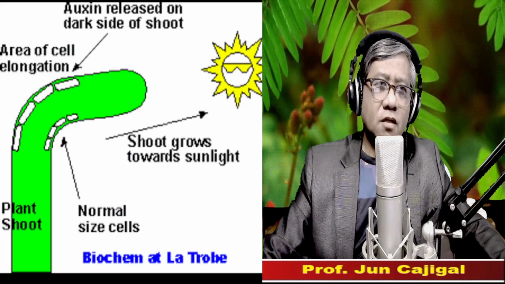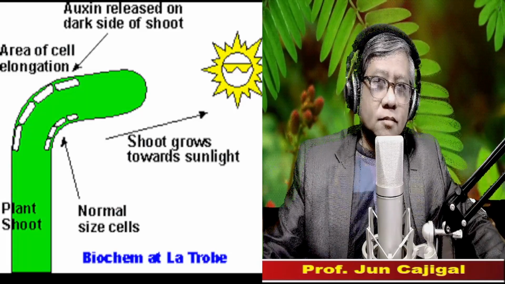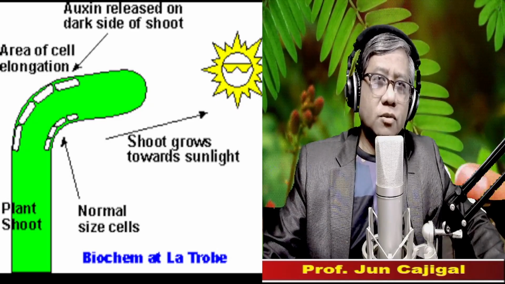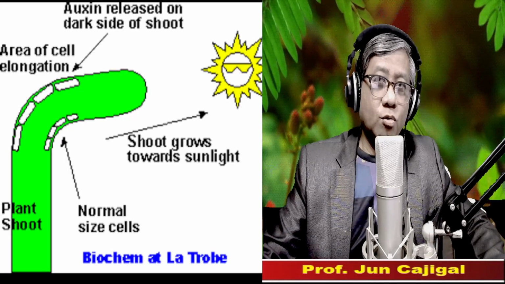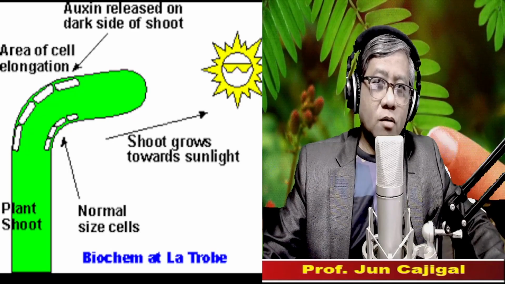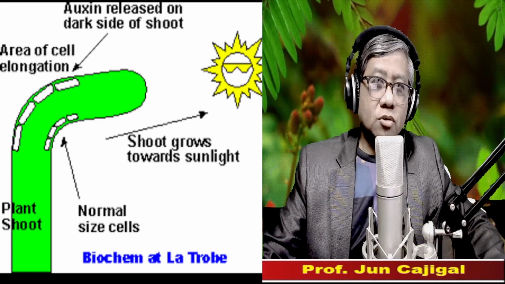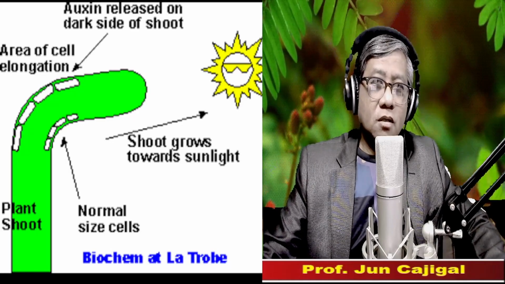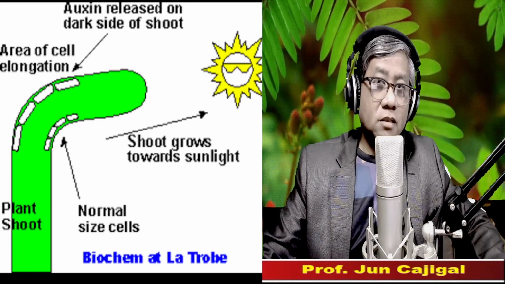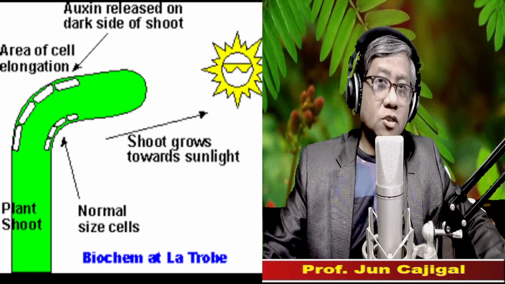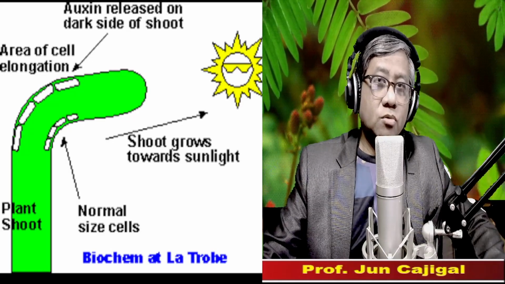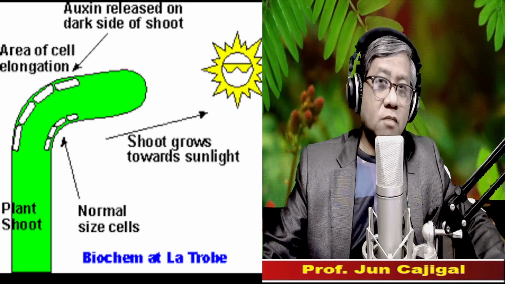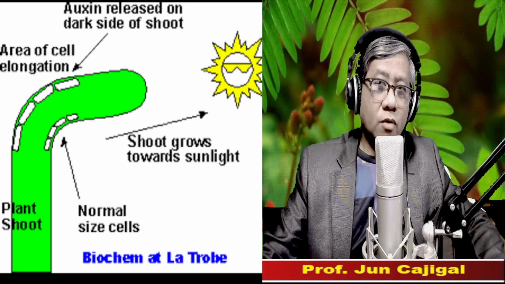So isn't that fascinating indeed? Alright, everybody kindly take a look at this illustration explaining phototropism. Again, because of the changing direction or position of the light source, auxin is transported or redistributed towards the shaded part of the plant shoot or the plant organ. We know that auxin stimulates the cells to elongate.